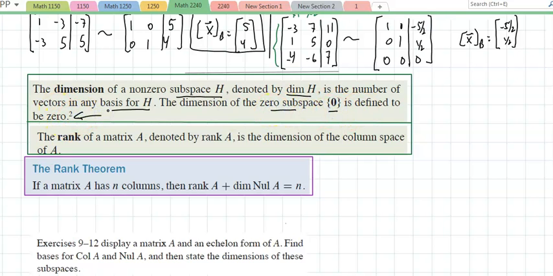No biggie. It's a bit hard to prove, but we're not going to worry about that. This part we want to worry about: the rank of a matrix A is the dimension of the column space.